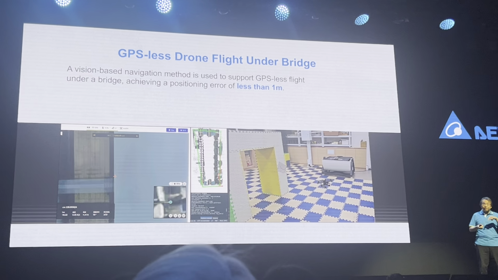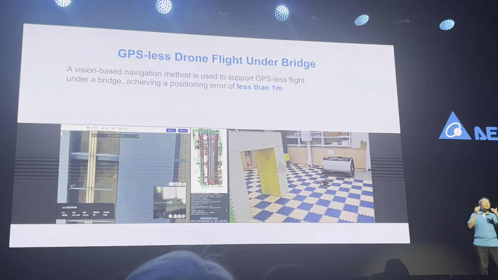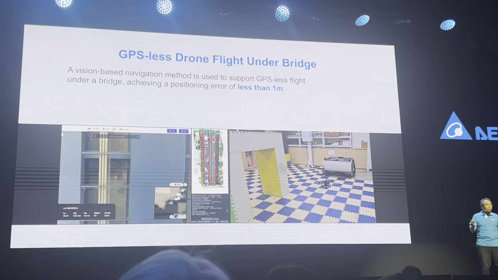So when a GPS signal is not available, it doesn't have this position information anymore, and therefore it cannot fly properly. To address this problem, we use a so-called visual SLAM algorithm that can compute dynamically the drone's position and therefore enable the drone to fly under the bridge even when the GPS signal is not available, right?